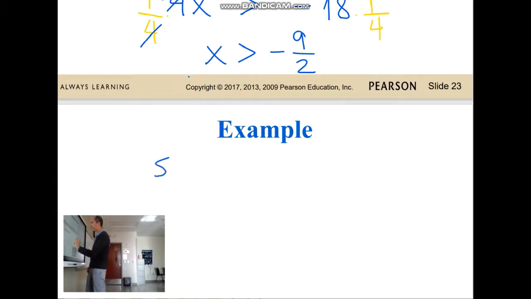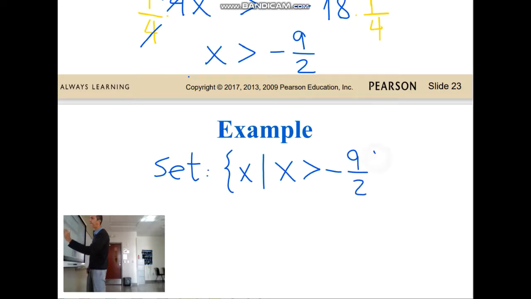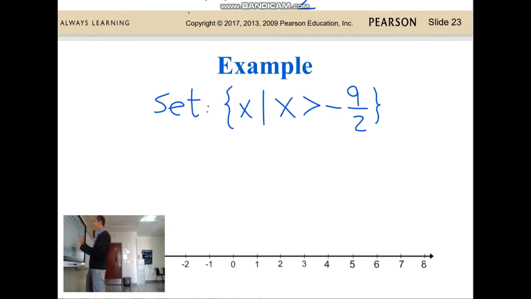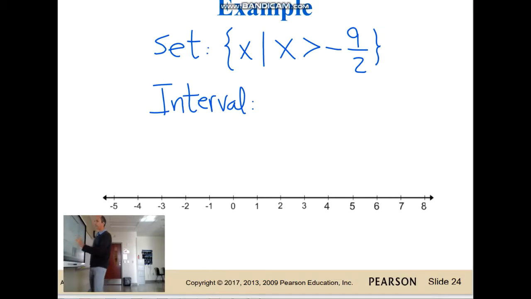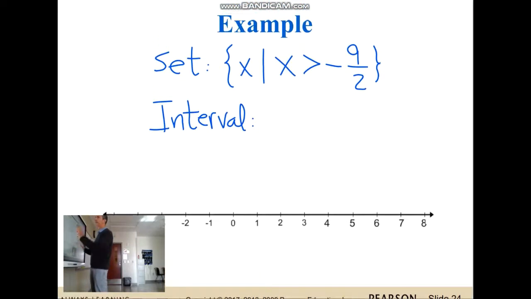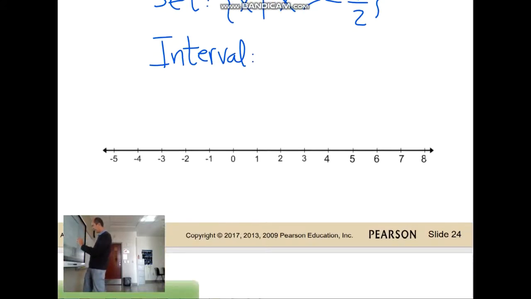If you want to represent using set notation, x such that x is greater than negative 9 over 2. If you want to represent using interval notation, first let's check here on the number line. Negative 9 over 2 is negative 4.5, right? Negative 4.5 is here.